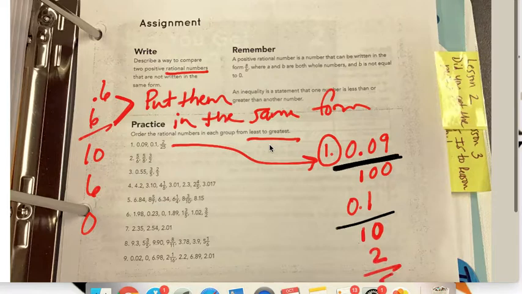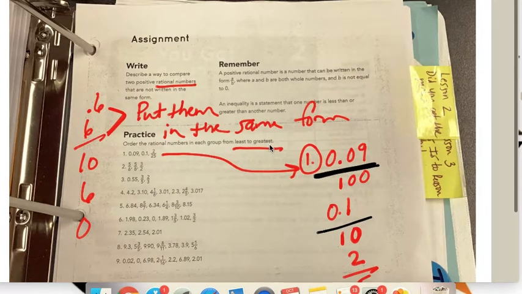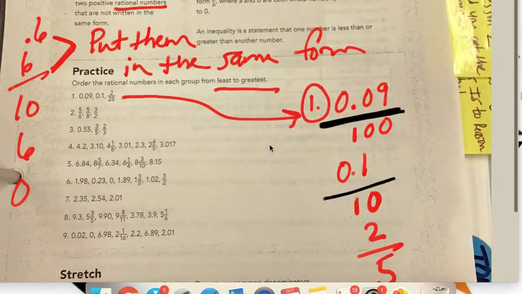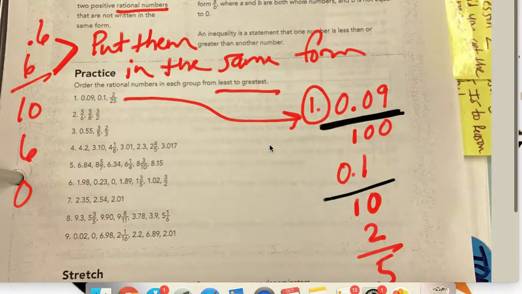So if I was using the benchmark strategy here, let me see if I can move this up for you. There we go. I would say, well, 9 is pretty far from 100, so I would guess that's probably equal to 0. 1 over 10 is pretty far away, so I would say that is also equal to 0.